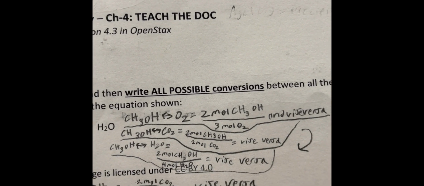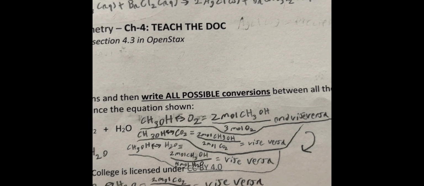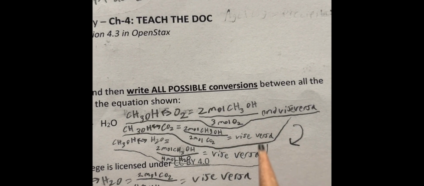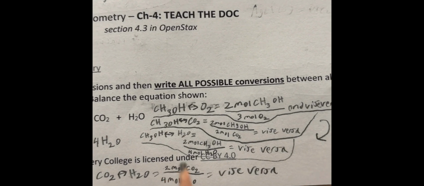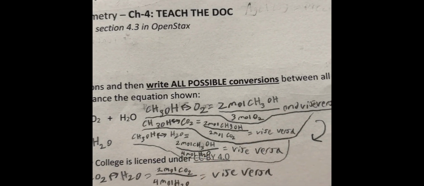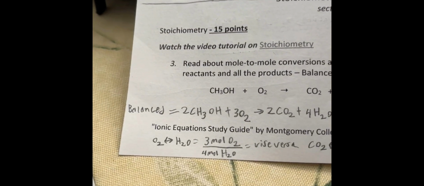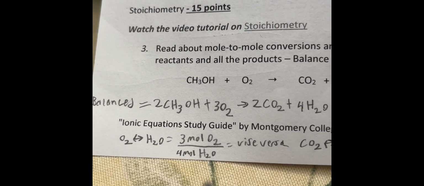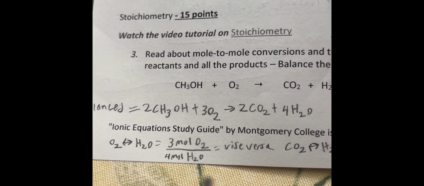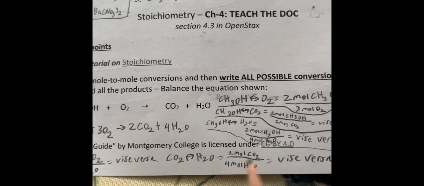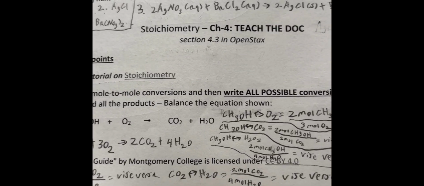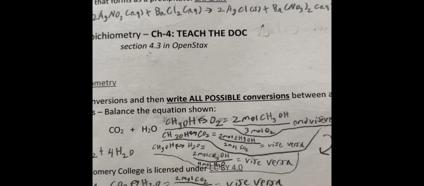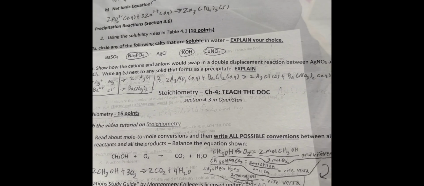And from reactant to product, we have 2 moles CH3OH to 2 moles CO2, and then 2 moles CH3OH to 4 moles H2O. And for O2, we have 3 moles O2 to 2 moles CO2, and then 3 moles O2 to 4 moles H2O. And finally, for product to product, we have 2 moles CO2 to 4 moles H2O. And everything that I just listed can also be done vice versa.